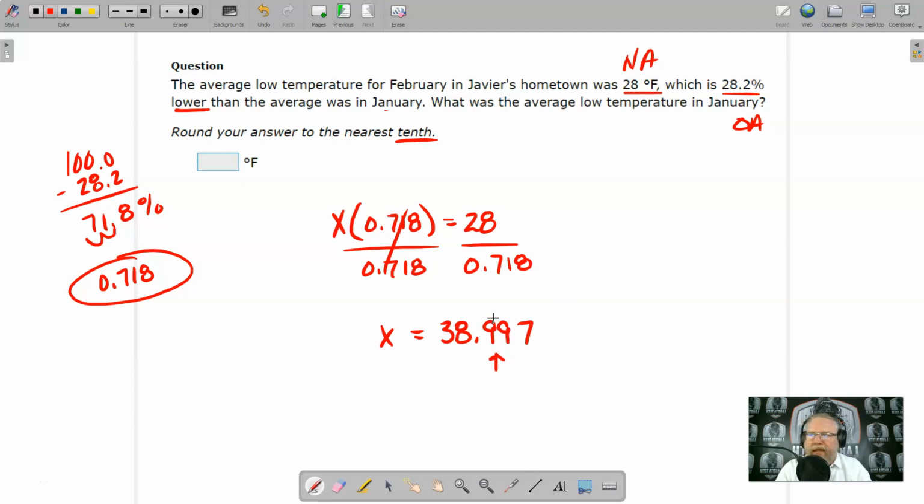I look to the right, the 9 is going to raise the 9 to a 10, which means it's going to bump this 8 over here to a 9. So I'm actually going to end up with 39, because whenever I raise this tenth from 9 to a 0, that's going to then bump that 8 to a 9. And since they do want it rounded to the nearest tenth, I'm going to go ahead and include the 0 there. So whenever I type my answer in, I'll put 39.0.